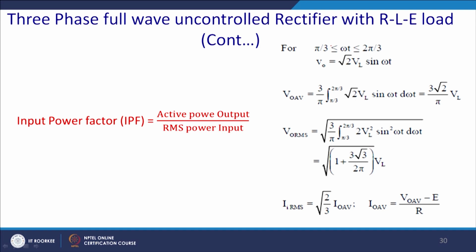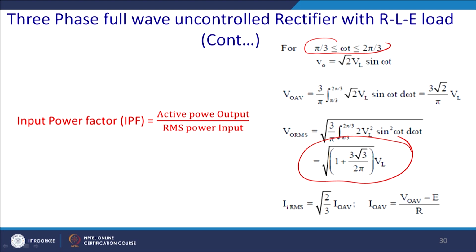Now, a few parameters come into the picture. We start from pi by 3 to 2 pi by 3, and VAC is the amount of voltage that comes into the picture. So, the output voltage will be given by the integral from pi by 3 to 2 pi by 3 of VL sin omega t. From there we can get the value of the RMS voltage.